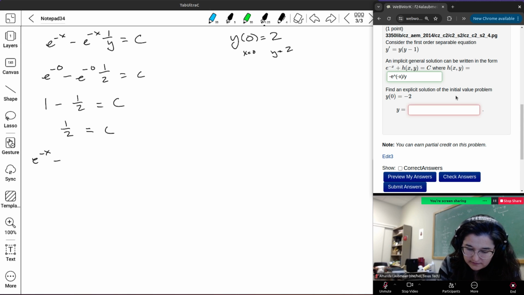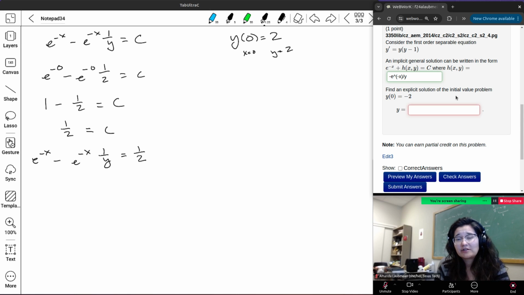Then I plug that C back into my equation, and I try to solve for y.